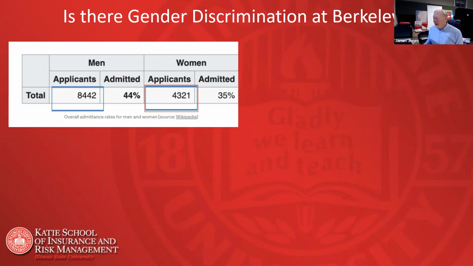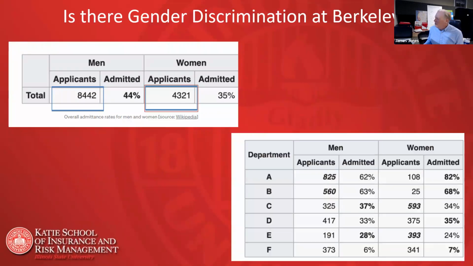Well, before you do that, as much as you may want to, you might want to take a look at this. This is the way Berkeley sets theirs up. You don't just apply to the university as a whole, you apply to departments.